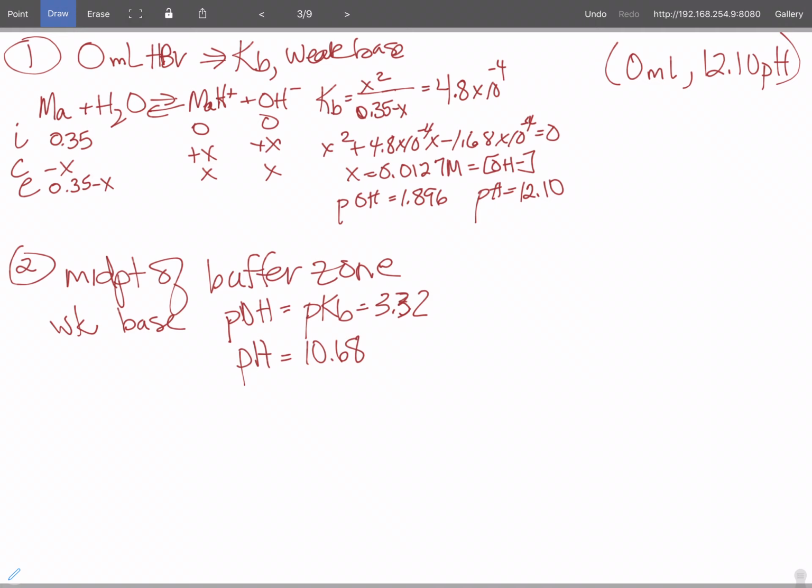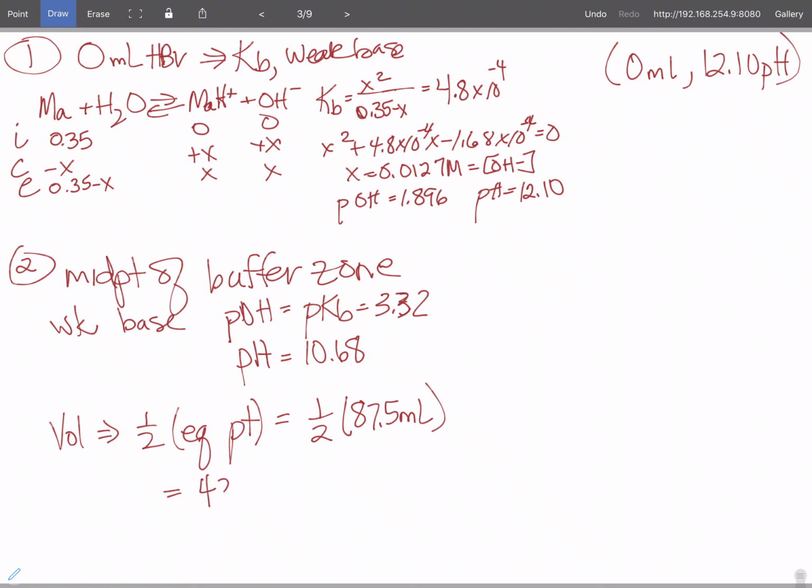Alright, so that is our pH. But our volume, remember, is equal to half of the equivalence point, which means it's half of, what was that? The equivalence point was 87.5 milliliters. Therefore, our volume at the midpoint is half of that, which is 43.75 milliliters.